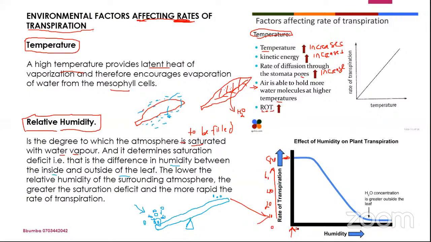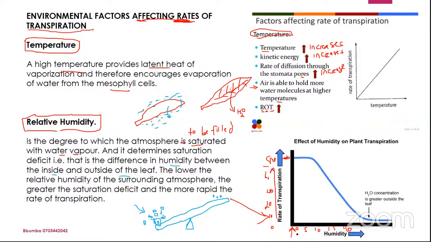And then here I have 0, 5, 10, 15, 40. Are you seeing that? So when the humidity is 0, check the rate of transpiration is at 80%. That means there's a very high rate of transpiration, that is, a very high rate at which a plant is losing water.